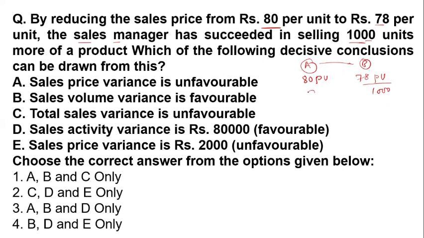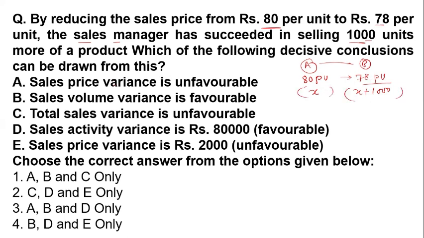So if he sells X units at rupees 80 per unit, then at 78 rupees per unit, he sells X plus 1000. Just keep this concept in your mind.